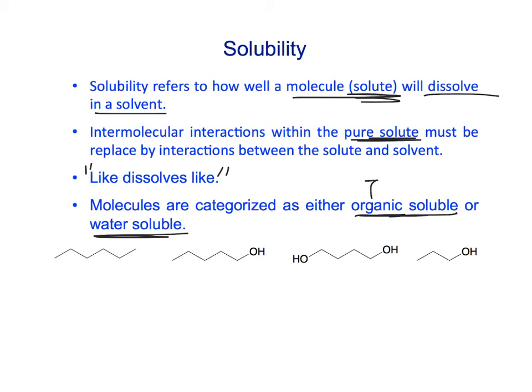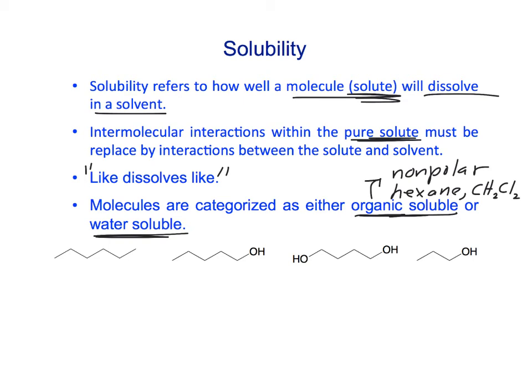Organic soluble is going to be non-polar, and those solvents are going to be things like hexane or maybe halogenated solvents. In the book they talk about carbon tetrachloride. That's not used so much anymore because it's carcinogenic, but dichloromethane is a common one. And polar solvents are usually things like water or maybe alcohols.